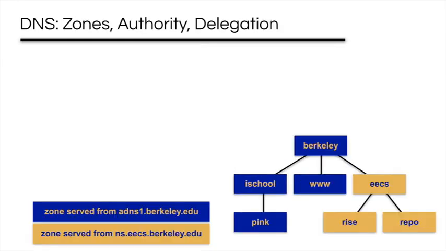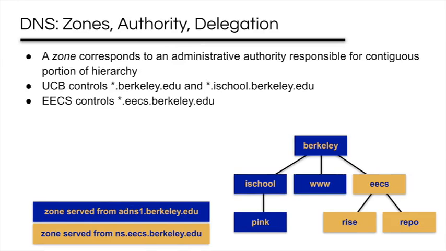So we have this concept of a zone. A zone corresponds to an administrative authority responsible for a contiguous portion of the hierarchy. For example, the name server adns1.berkeley.edu is responsible for berkeley.edu and pink.ischool.berkeley.edu and www.berkeley.edu.